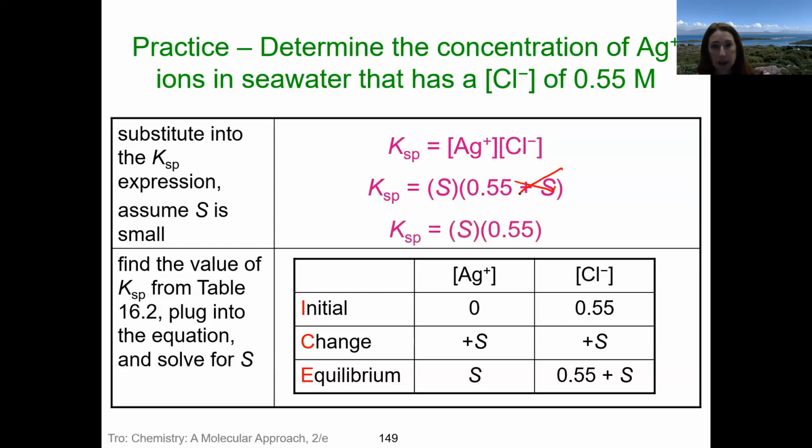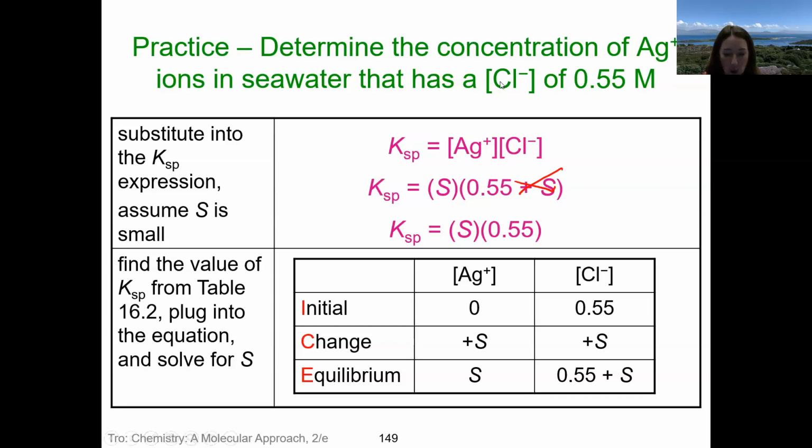On your exam, you would say the difference is 10 to the 9th, so S is small, or X is small, is valid. Or you might just say difference equals X is small. You have to have some kind of statement that you know your S or your X is small because the difference is greater than 10 to the 3.